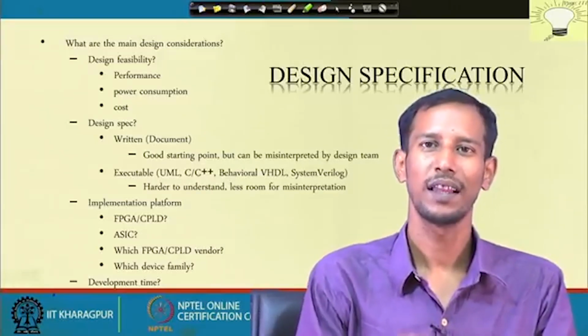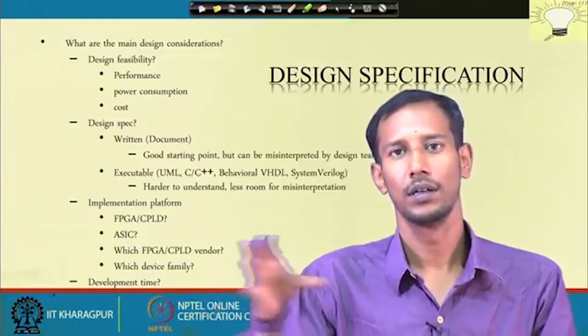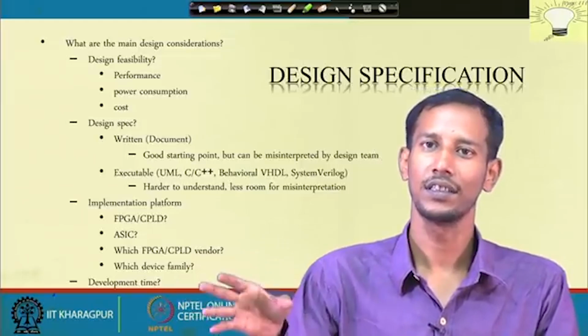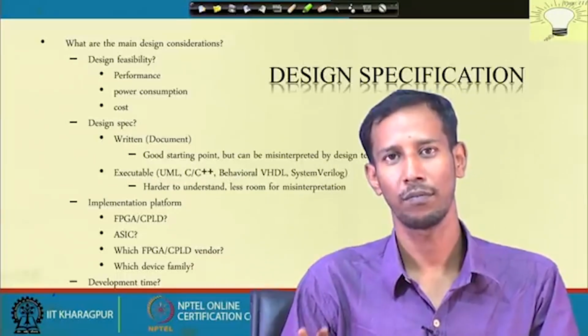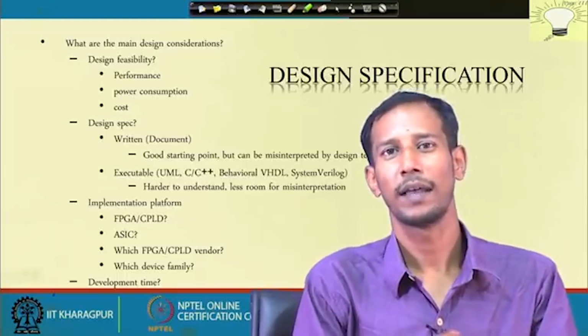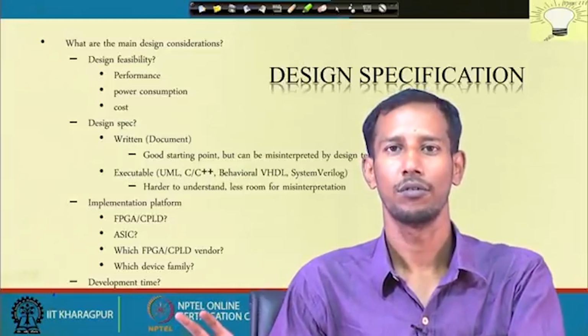Once it has been validated, then you can go for ASIC design, or send it to the foundry. That means you have checked it is performing fine, you have achieved the corresponding specification, then you go for the foundry.